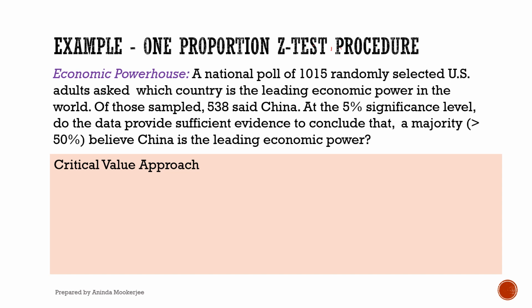So let's first draw a figure that is a normal curve showing our reject and do not reject regions and find our critical values. Now, this is a right tail test because we are trying to show that the majority of people, that means greater than 50%, said that China is the leading economic power. So our alternate hypothesis, if you recall, was that P is greater than 0.5.